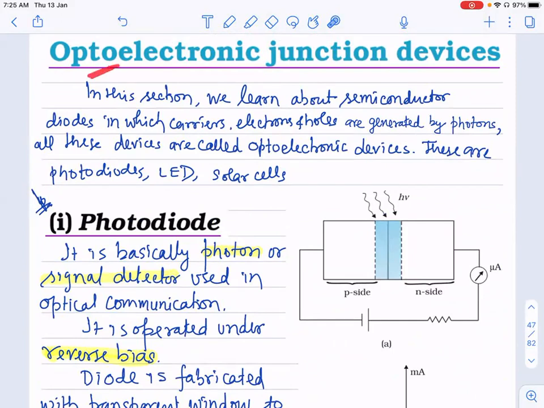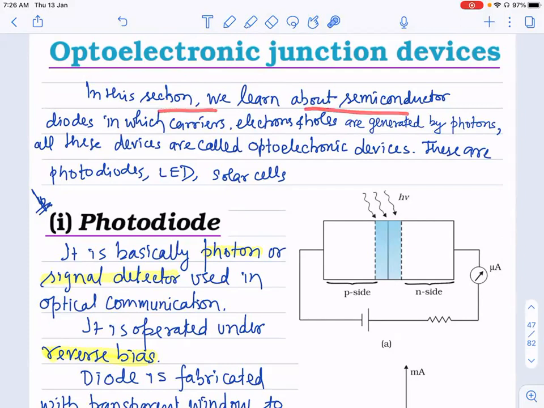Opto means light, electronic means related to electricity, है ना? तो ऑप्टिक्स से, दैट इज फोटॉन से, लाइट से जो ऑपरेट होते हैं, उन photons are involved here. Let's see what are those.